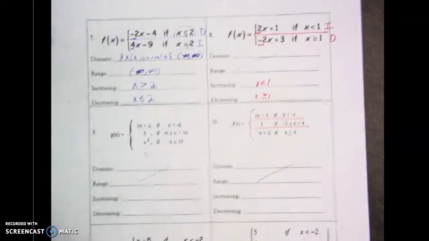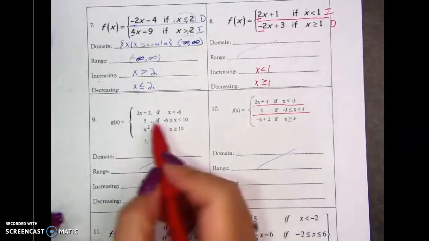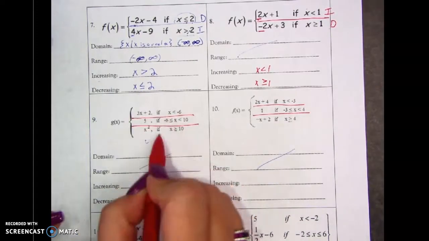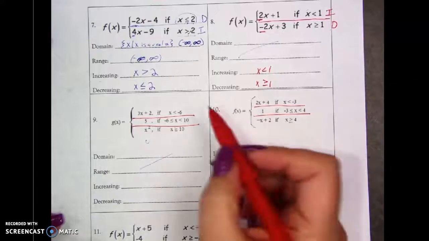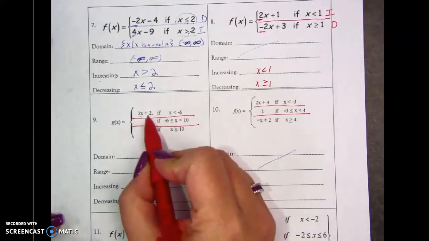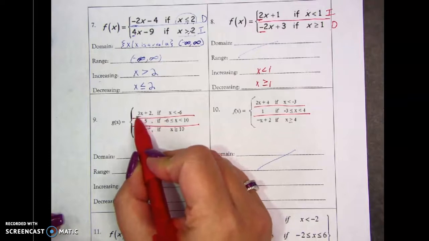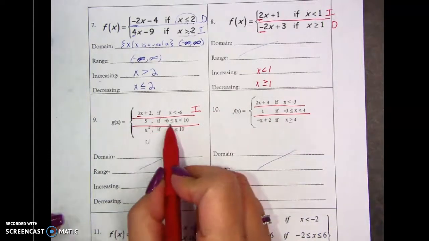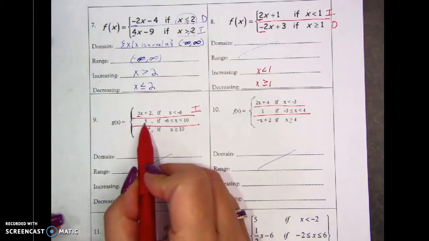All right, let's look at this one down here, because this one has fun stuff, right? So this is a normal function, and it's a positive slope, so it's increasing. This one has multiple values for x's, but all the values for y are the same.